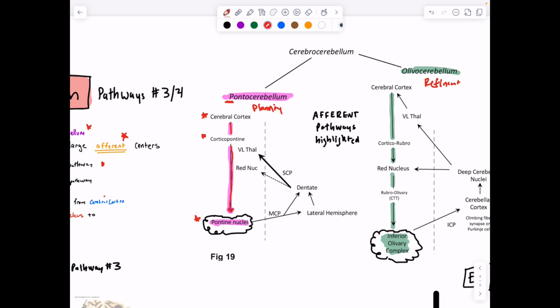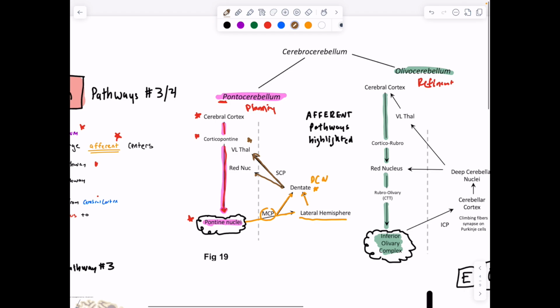From there, again, this is the afferent side of things. Now we're going to go through the middle cerebellar peduncle. We're going to go to the lateral hemisphere, or directly to the deep cerebellar nuclei, in this case, the dentate. If you go to lateral hemisphere first, then you can go to dentate, and then out of dentate via the superior cerebellar peduncle to the ventrolateral thalamus nuclei or to the red nuclei.